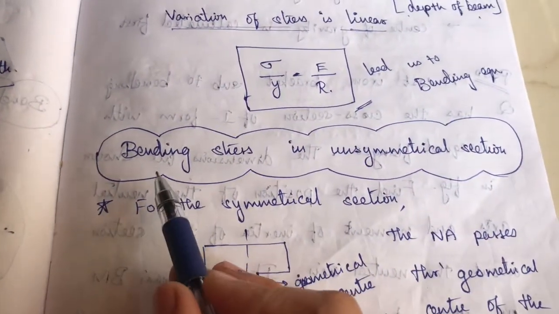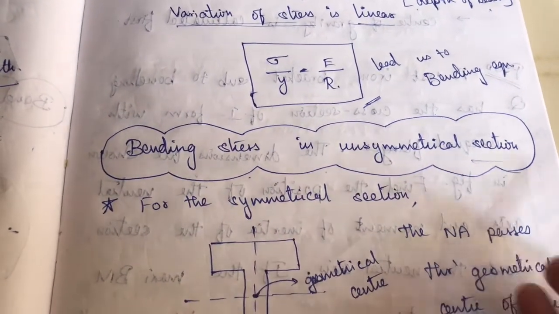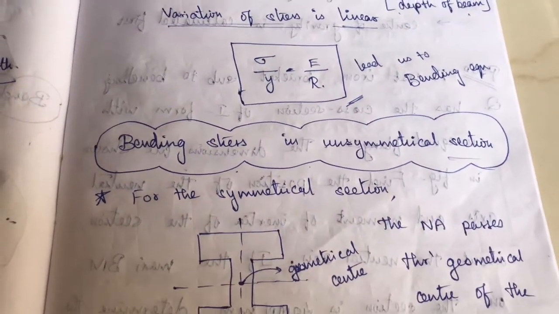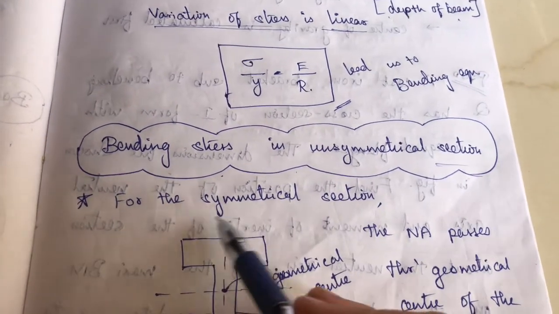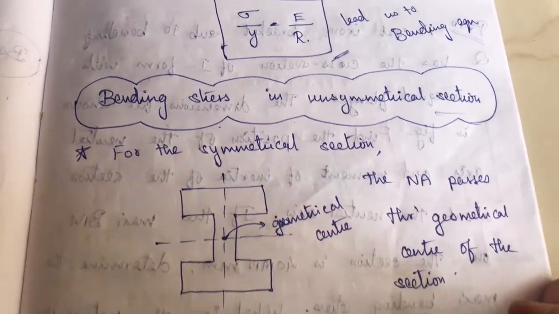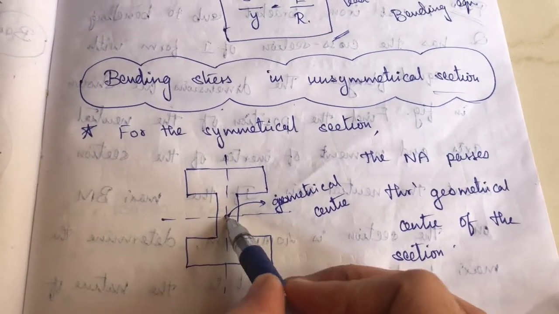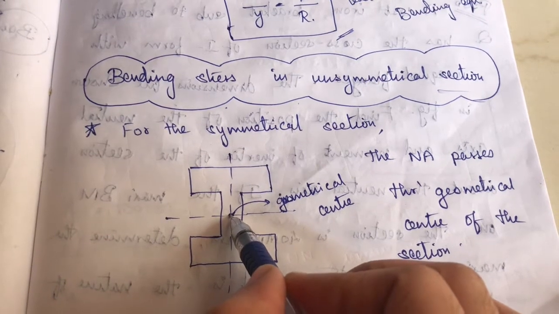Then bending stress in unsymmetrical section. So we're going to find the bending stress in an unsymmetrical section. What is an unsymmetrical section? In a symmetrical section, you can see here, this is the geometric center of the section.